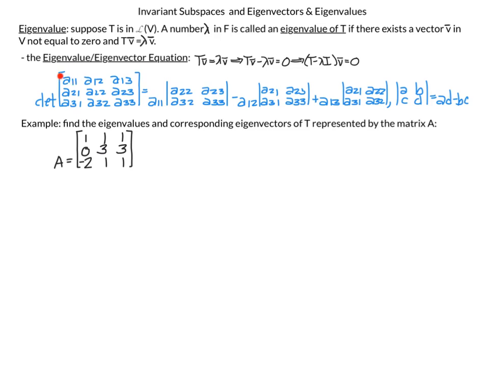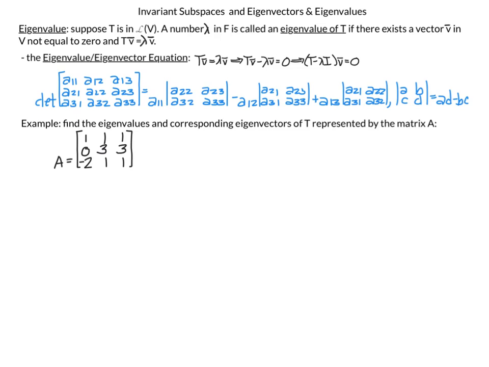So first we're going to take the first element of our top row, that's A11. I'm going to cross out the rest of the row and column that A11 belongs to, and I'm going to multiply my A11 by the remaining matrix determinant. So that's A22, A32, A23, A33.